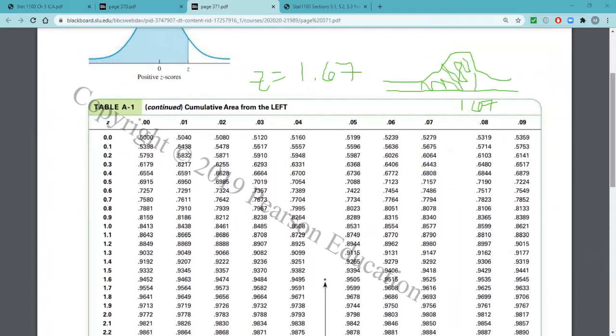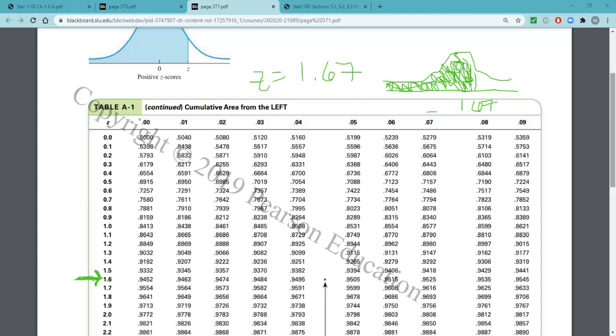And let's say we want to know the percentage of data that lies below that. Well, what I would want to do is I would want to find the first 2 digits of our z-score. So notice here I have 1.6 as our first 2 digits.